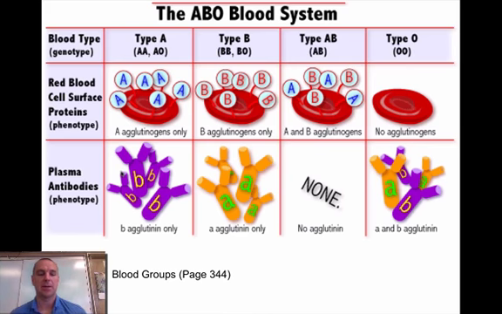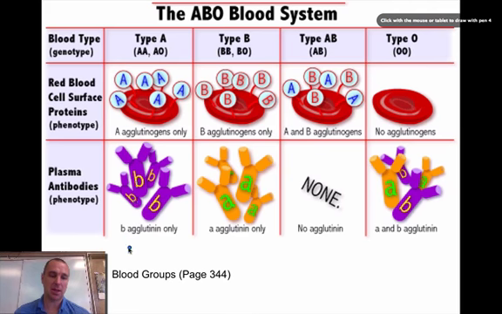Okay. Now, the last thing I want to cover today is on ABO blood types. There's 4 blood types, A, B, AB, and O. And basically, if you look at the chart, a person with A blood can be 2 ways.